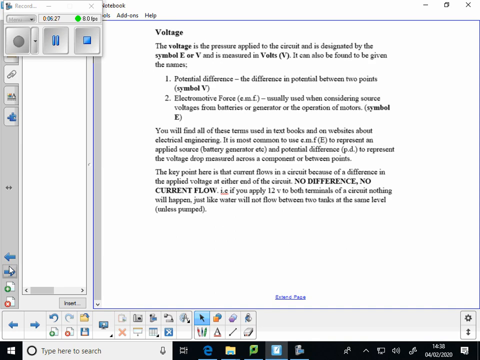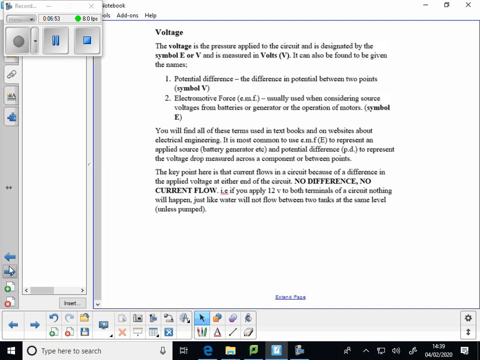Voltage. We did cover voltage in science. Voltage is the pressure. It's the quantity that pushes current in the circuit. So it forces those electrons; think of it as being like the pressure from a pump.